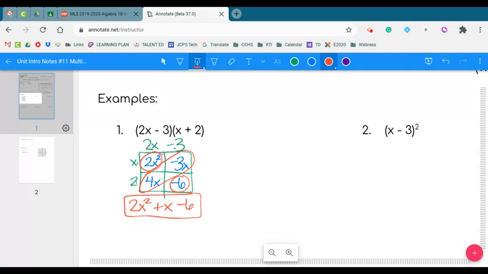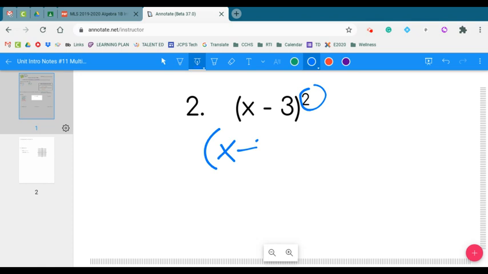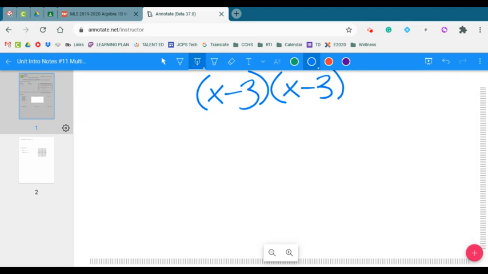Okay, moving on to number 2. We have x minus 3 squared. That squared does not mean you distribute it. It means you have x minus 3 twice. So I have my 2 binomials, so I'm going to create my box.